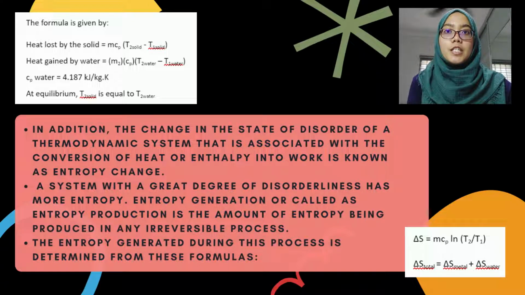Entropy generation, or entropy production, is the amount of entropy produced in any irreversible process. The entropy generated during this process is determined from these formulas. The change of S equals m Cp ln T2 over T1, and the change of S total is equal to the change of S metal plus the change of S water.